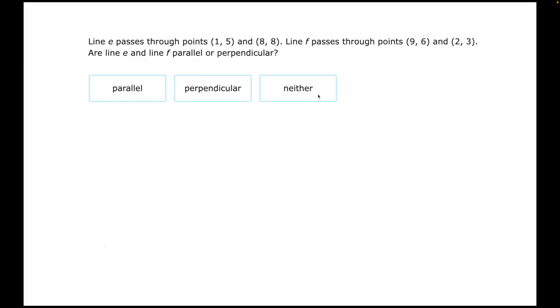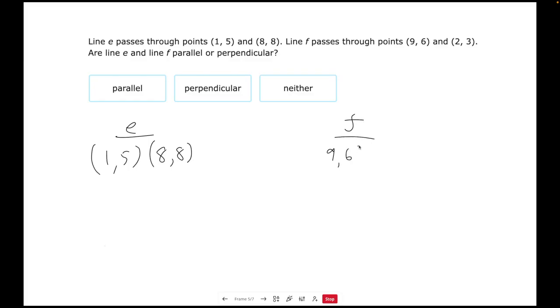And for this problem, okay, they tell us line E goes through this point and this point. And they tell us line F goes through this point and this point. And they want to know are they perpendicular, parallel, or neither? Well, we need to calculate slopes, and they've given us points. So the way that you calculate slope from 2 points is you do the slope formula.